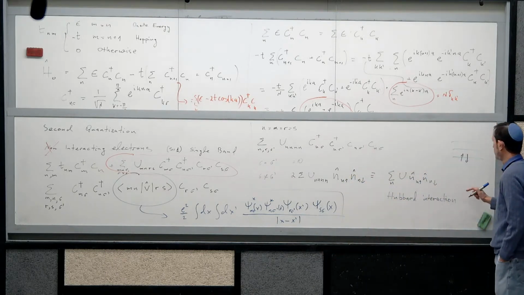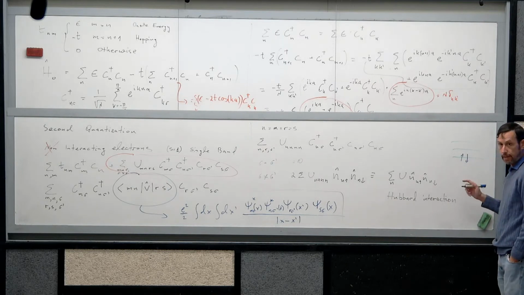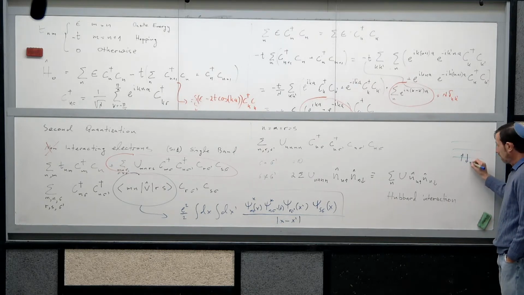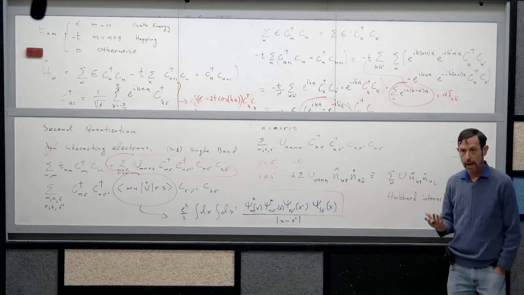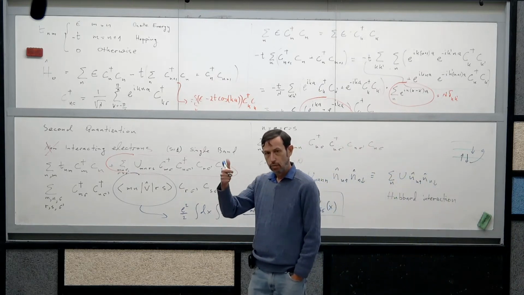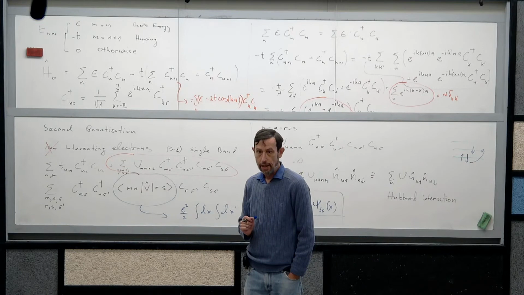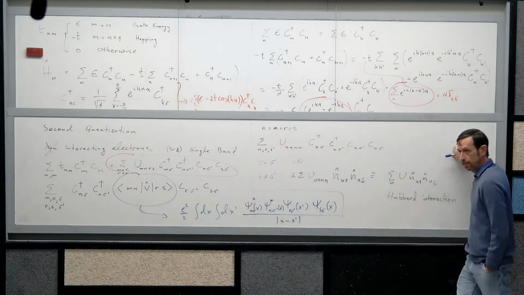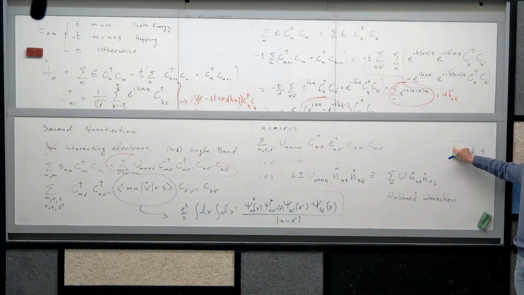So, it might make sense to move the other electron, the other spin direction, to a higher level, and depending on the difference here, you might gain energy.